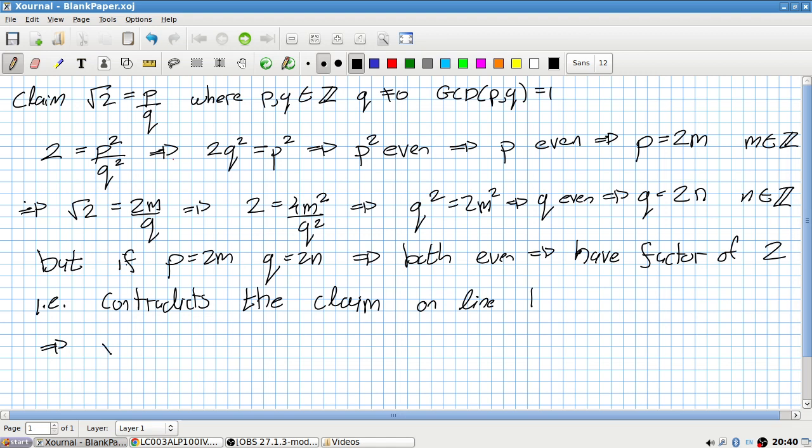Therefore, you can say root 2 cannot equal p over q, which means root 2 is not a rational number, which means root 2 is irrational.